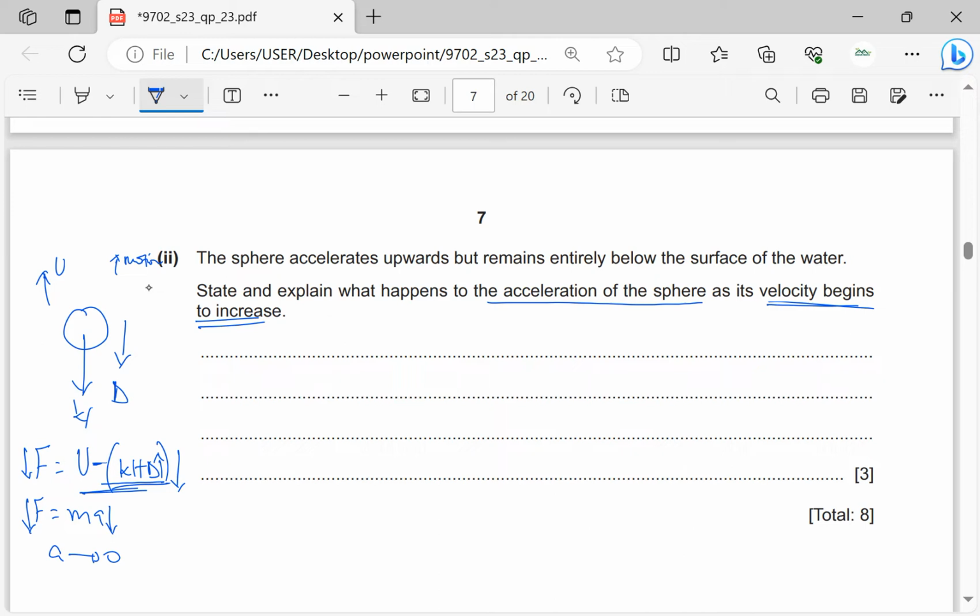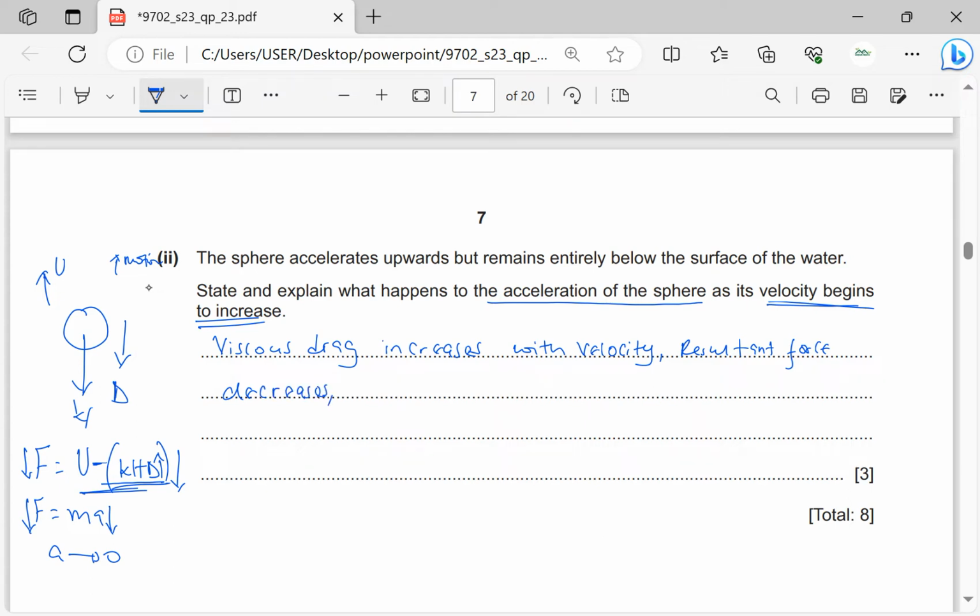So we shall simply say that the viscous drag increases with the speed or with the velocity, so the resultant force decreases.